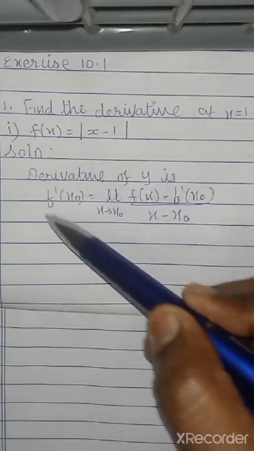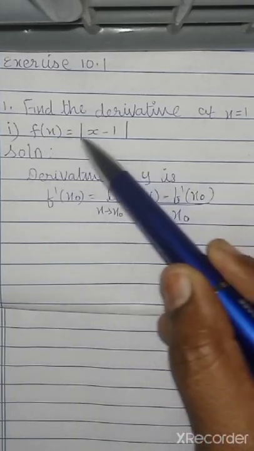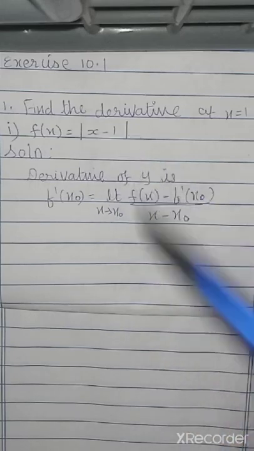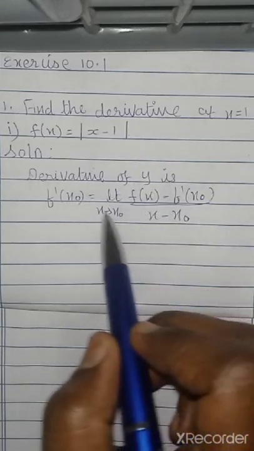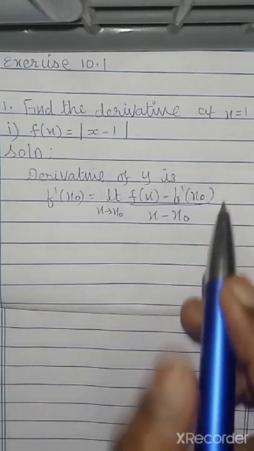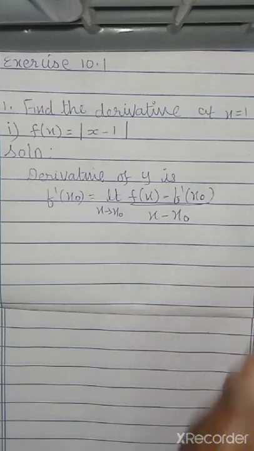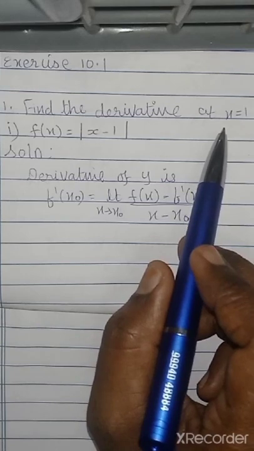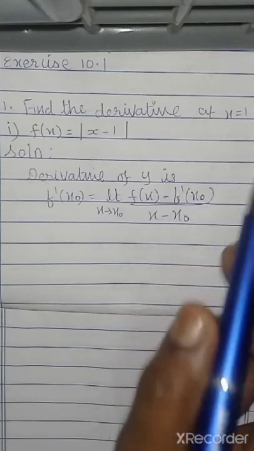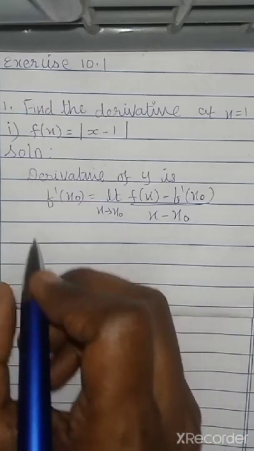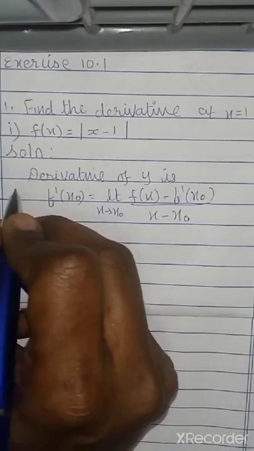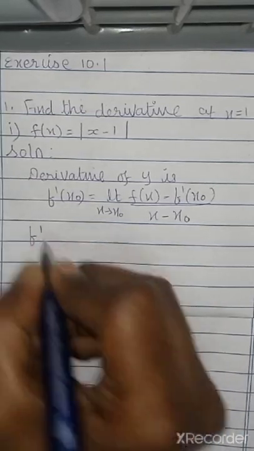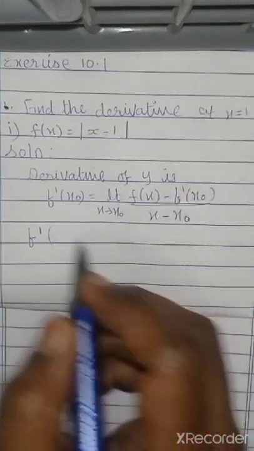So we are going to differentiate this function f of x equals mod x minus 1, and find out whether the derivative exists at the point x equal to 1 or not. Okay, and as with continuity, we have to find the left derivative and right derivative. So first we can find the left derivative, that is f dash at the point 1.